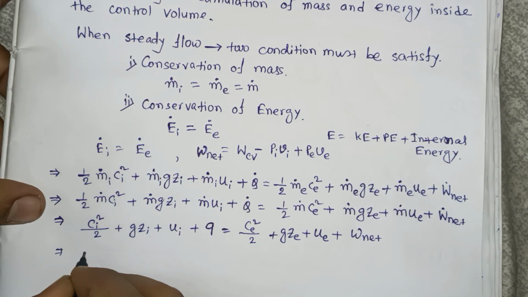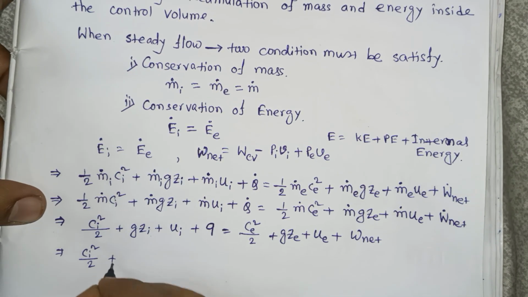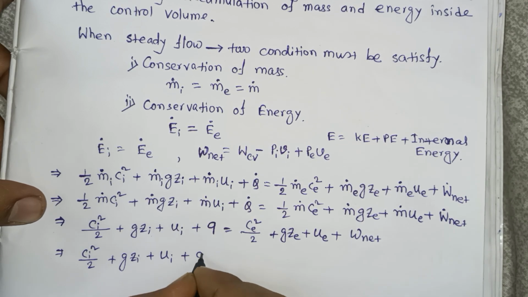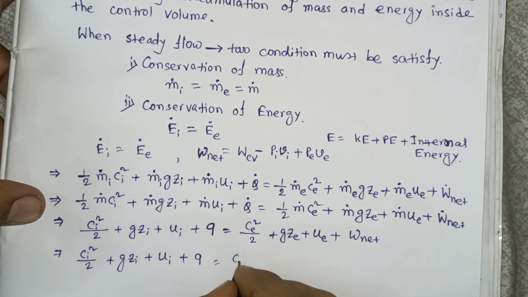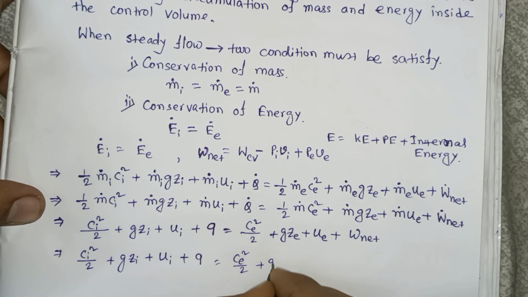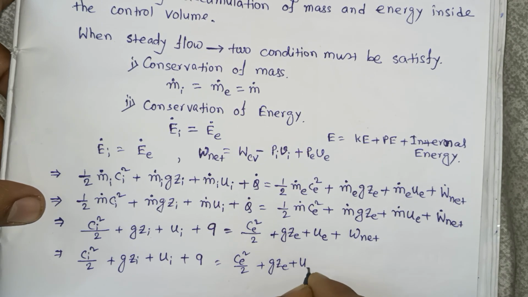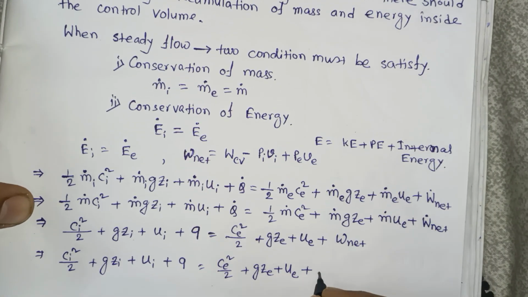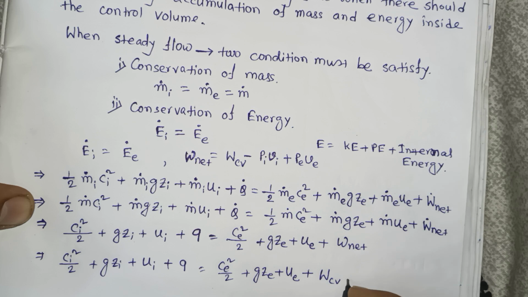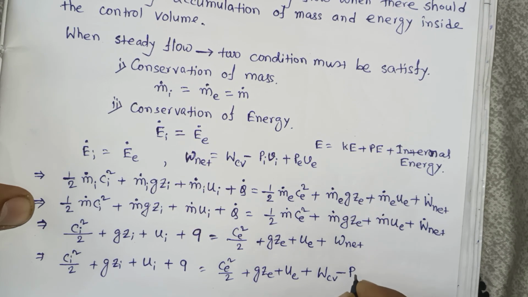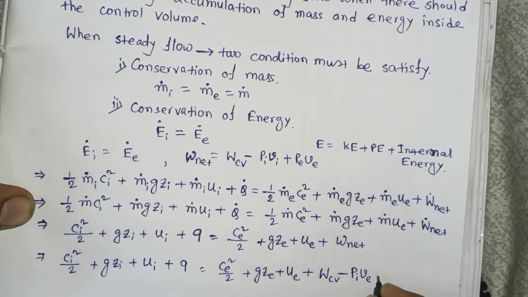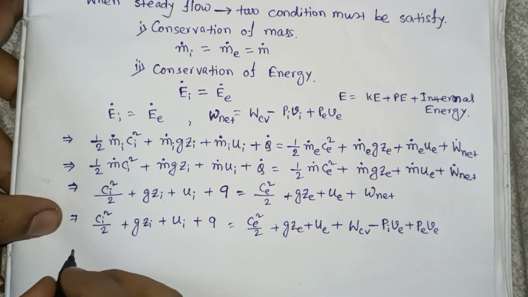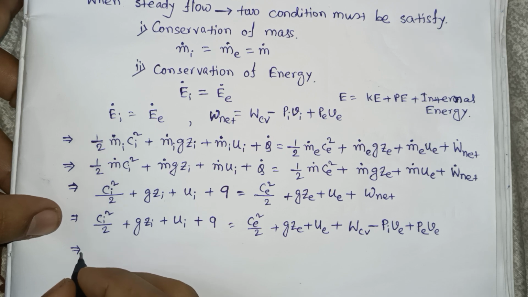So here Ci square by 2 plus g Zi plus Ui plus Q is equal to Ce square by 2 plus g Ze plus Ue, and the value of W net is W of control volume minus Pi small vi plus Pe small ve. Now rearrange this.